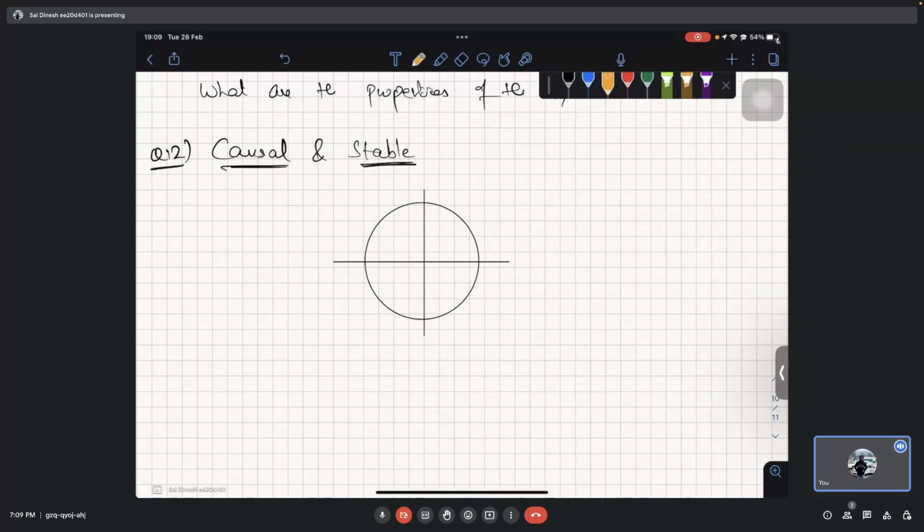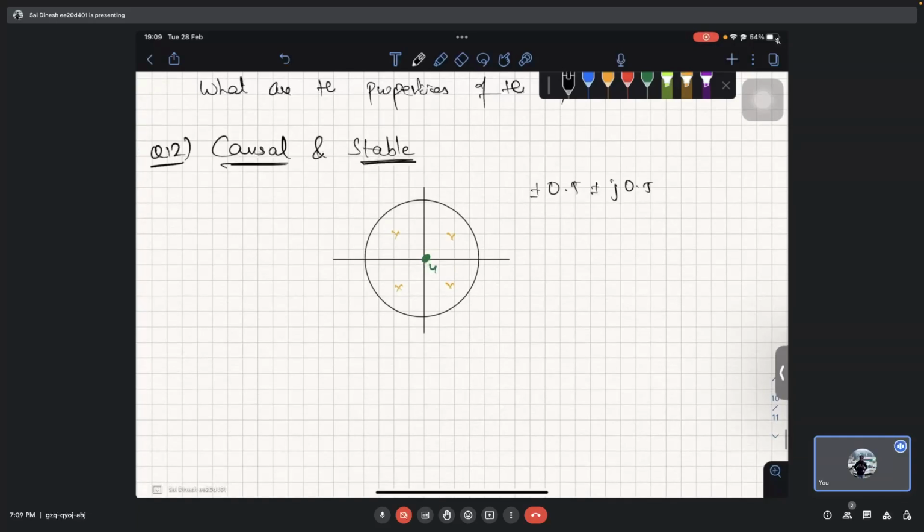And then it said that there are 4 poles and 4 zeros at 0, and then 4 poles which are plus or minus 0.5 plus or minus j 0.5. So these are the signal that we have. So H of z will be z power 4 by z minus p1, z minus p2, z minus p3, z minus p4.